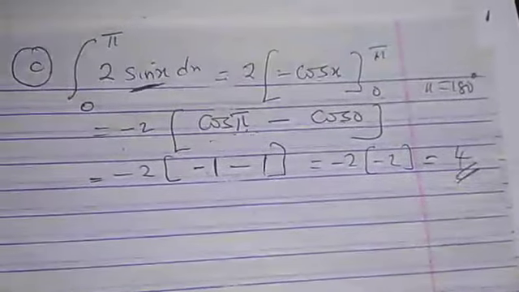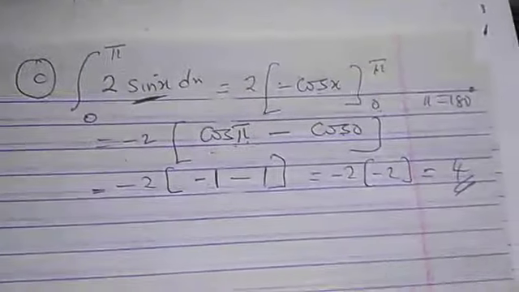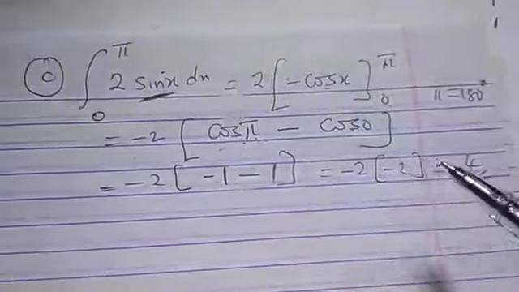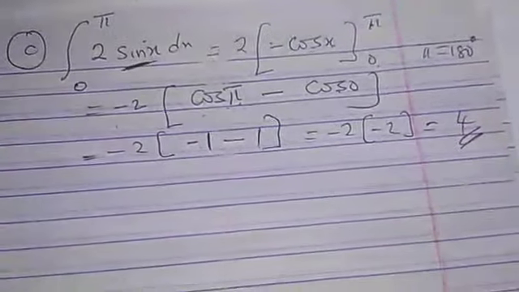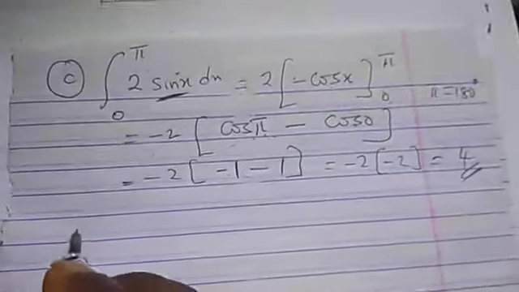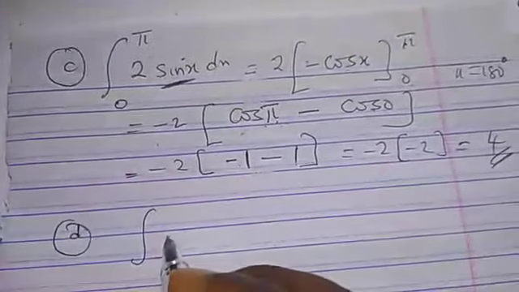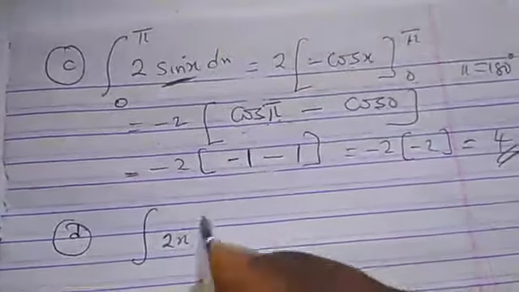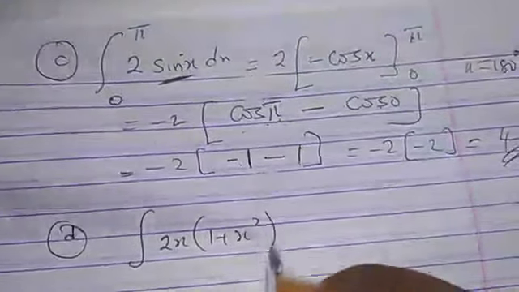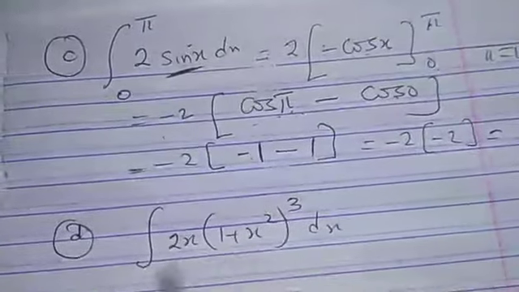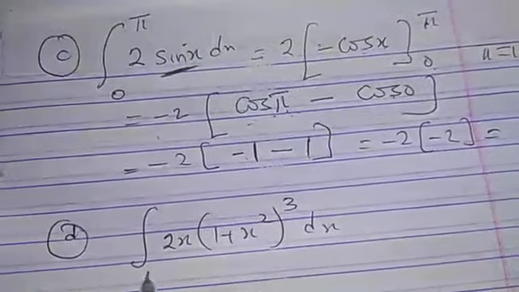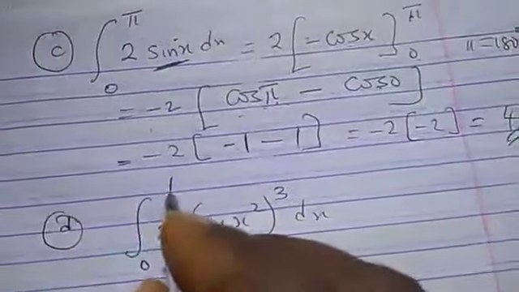So that is that about definite integrals. You only need to know how to integrate. If you consider a more complicated one, let's say we have 2s into 1 plus s squared raised to power 3 dx, from 0 to 1 as the integration.